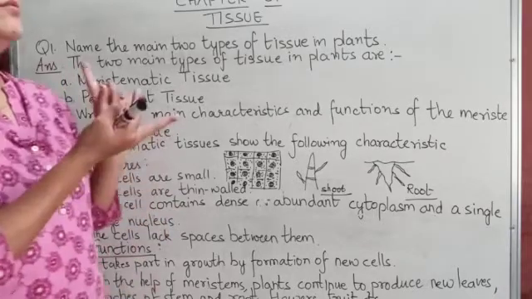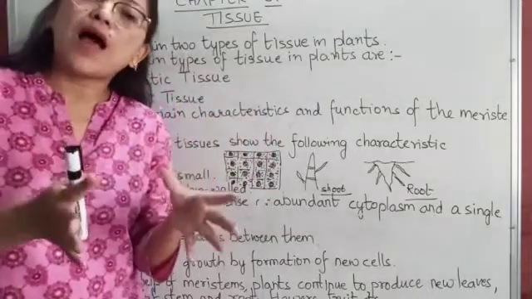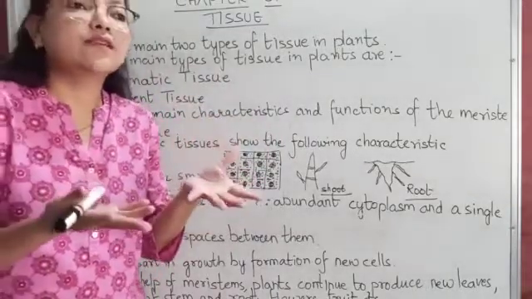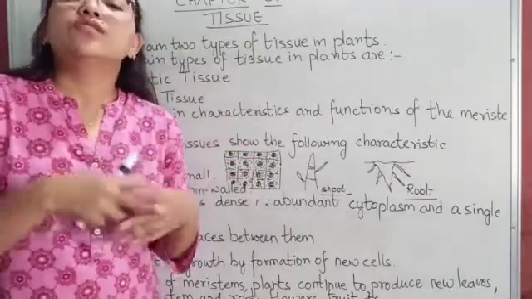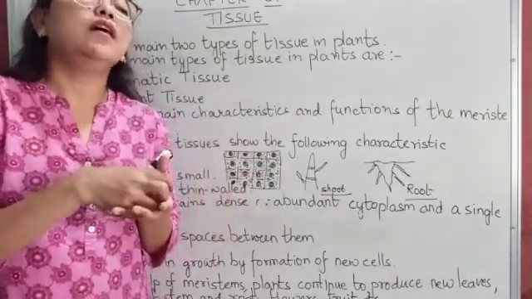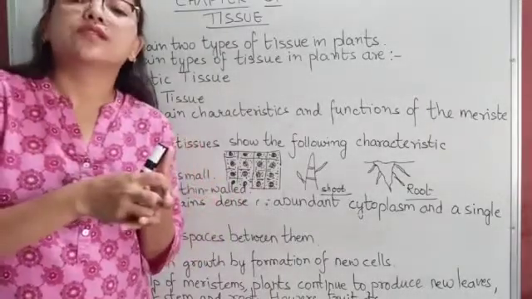And where are these meristematic tissues? What are the growth regions of the meristematic tissue? They are mainly found in the roots and in the shoot system.